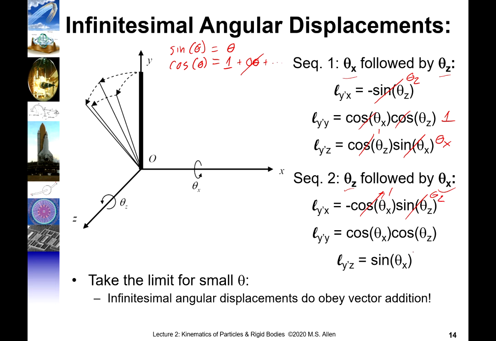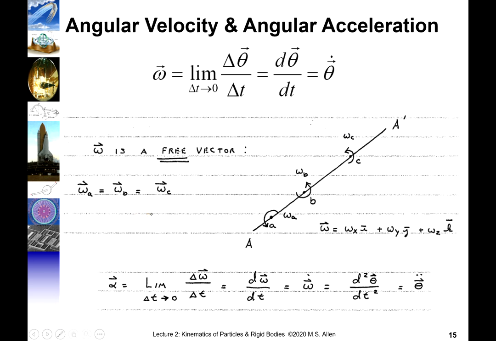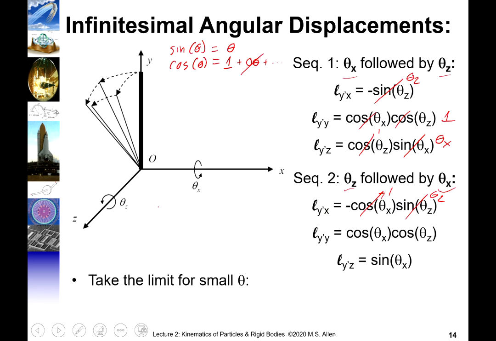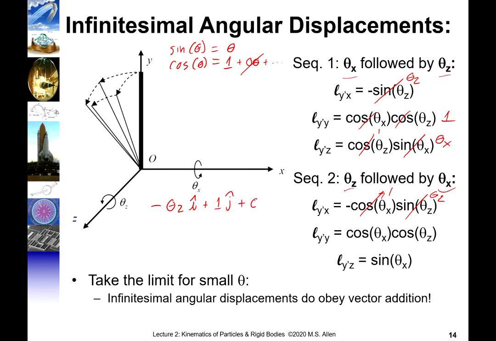In either case, what we end up with is a minus theta z in the i direction plus a 1 in the j direction plus theta x in the k direction. So both of these are the same, and we conclude that these infinitesimal displacements do obey vector addition.